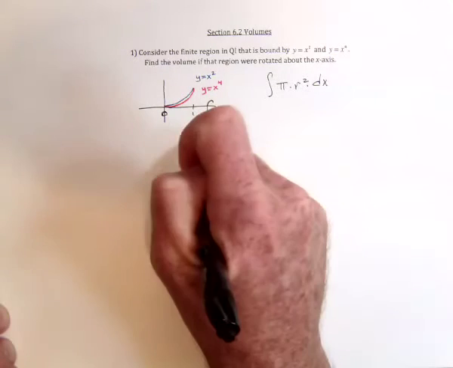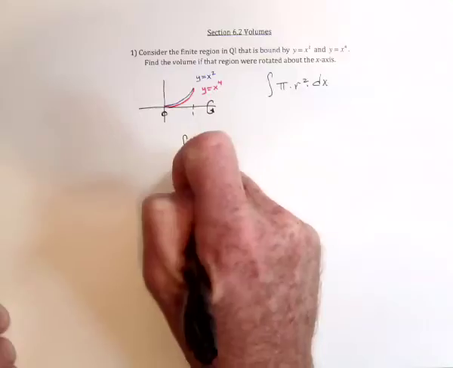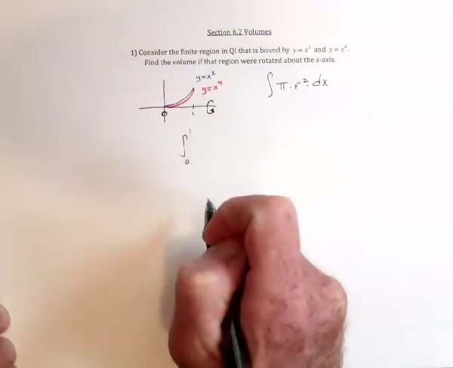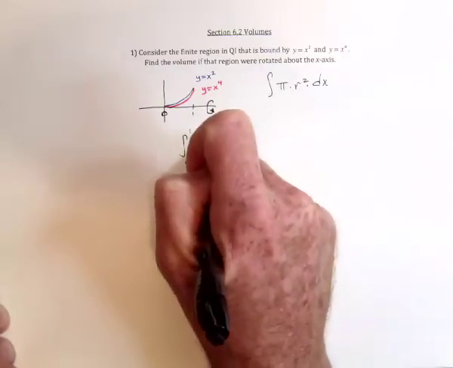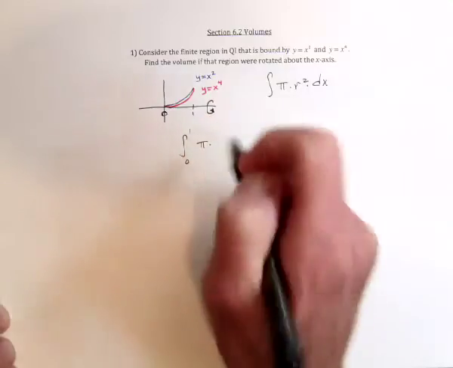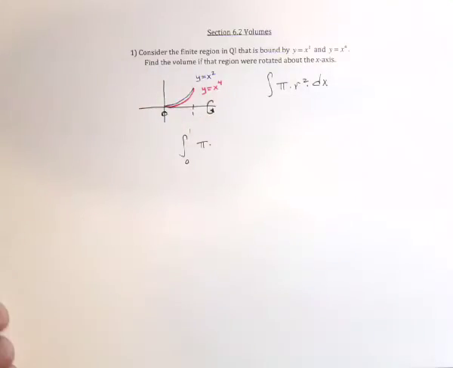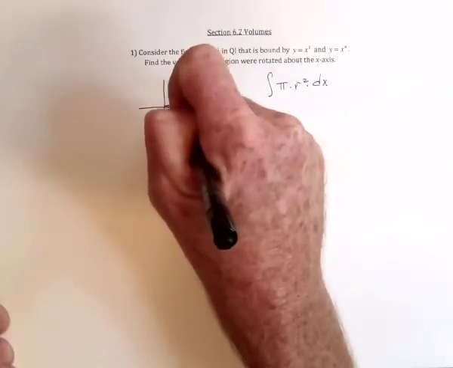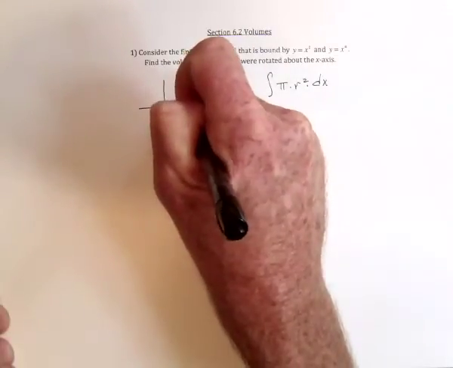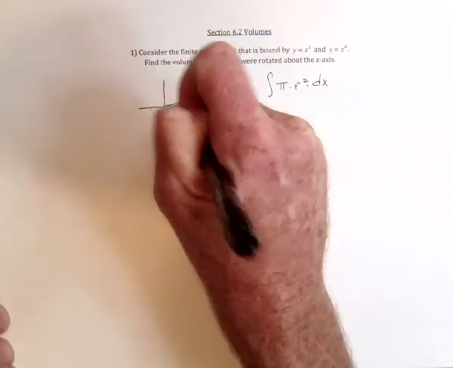Or in other words, we're going to integrate from 0 to 1, and then pi r squared. So the radius is measured from the axis of rotation out to whatever function you're talking about. So this would be the bigger radius.